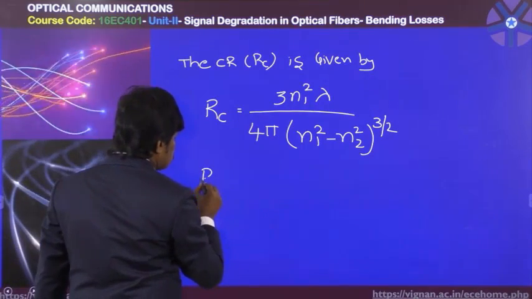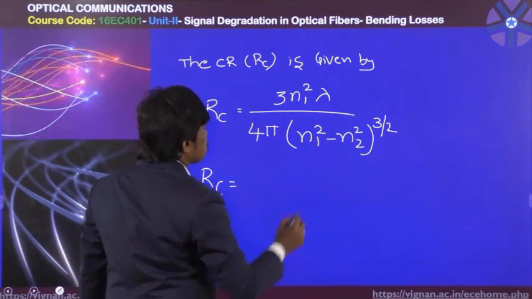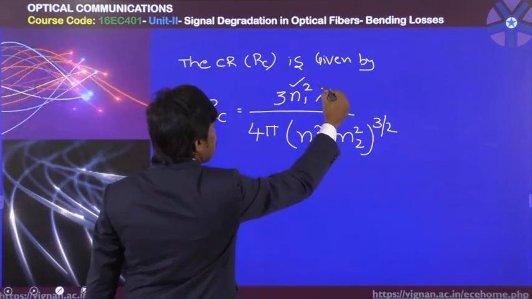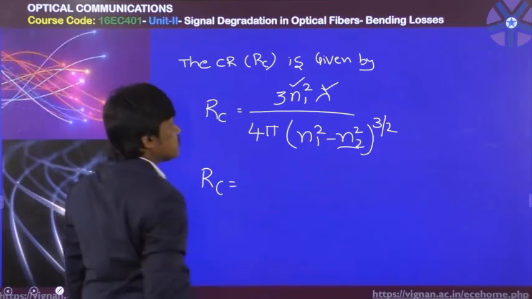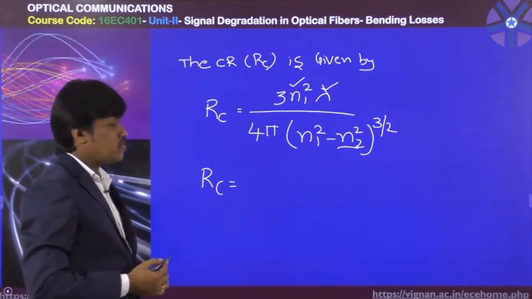So substitute these values n1 square, lambda and n2 square in the critical radius formula.